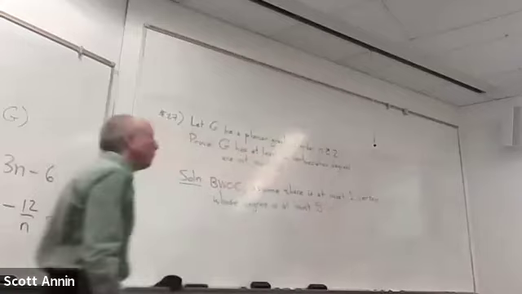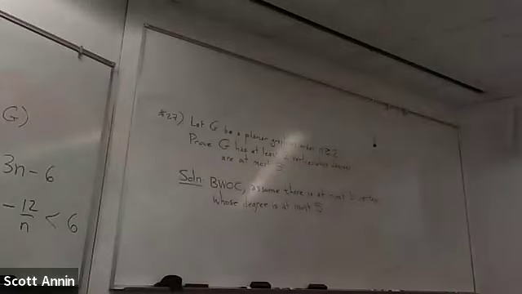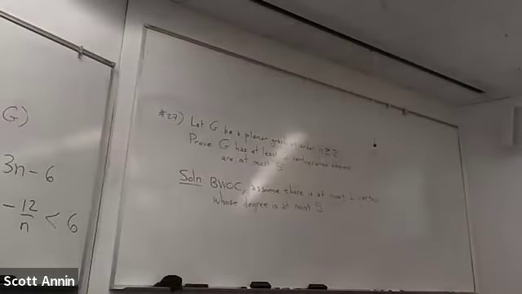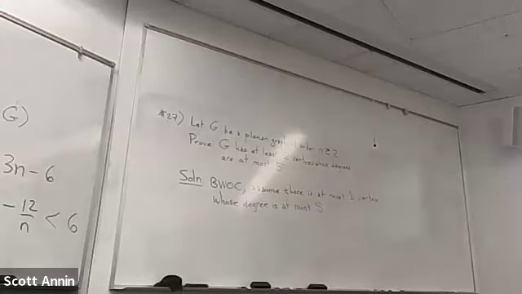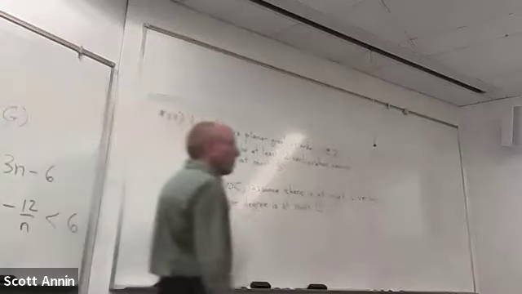Instead of at least 2 of them, there's at most 1 of them that has that property. So by way of contradiction, assume that there is at most 1 vertex whose degree is at most 5.